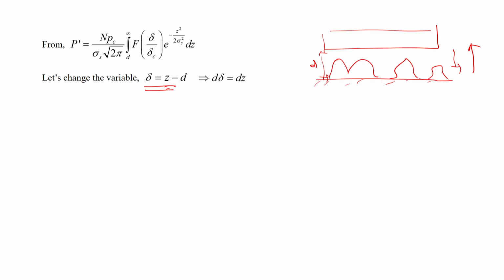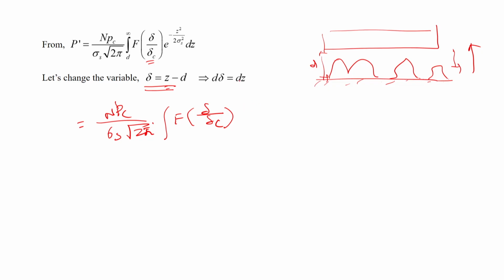So, instead of having z, we can replace that in terms of delta. So, this relation will be something like this, square root of 2 pi here, and this is a function of delta and delta c. We need to do it in delta because the function is in terms of delta, right. So, we need to change this variable from z to delta, that is what we are doing.